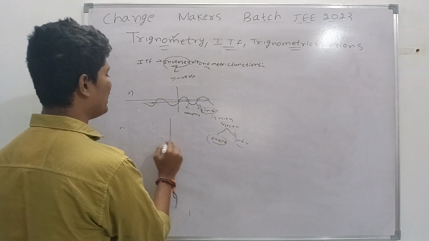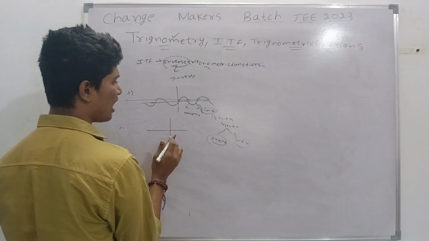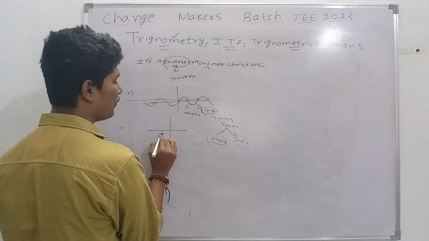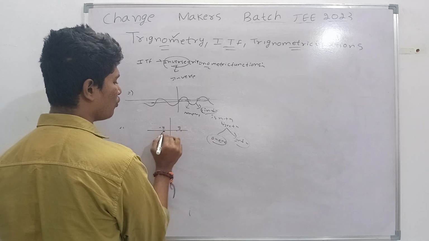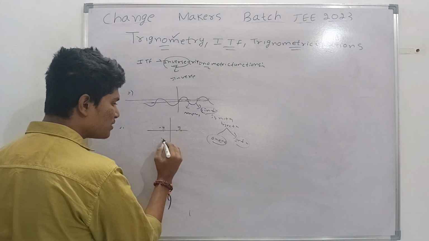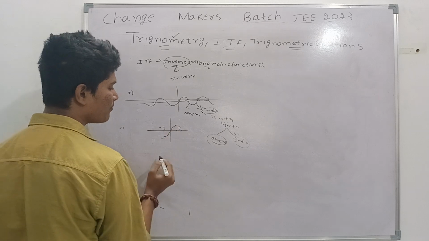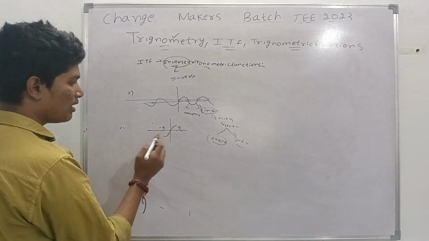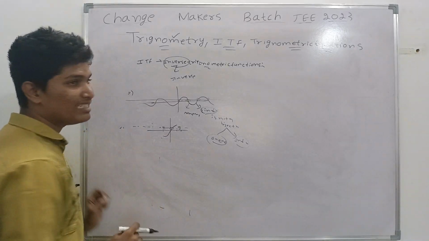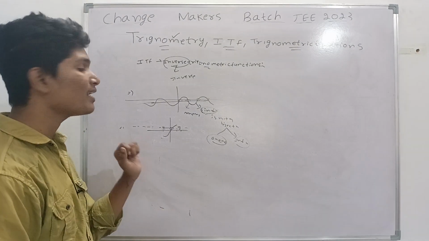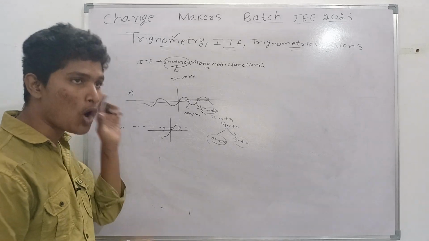But if you restrict the domain of sin x to minus pi by 2 to pi by 2, you will observe a graph like this. When you draw a horizontal line, it meets the curve at only 1 point. This clearly proves that sin inverse x is possible for sin x.